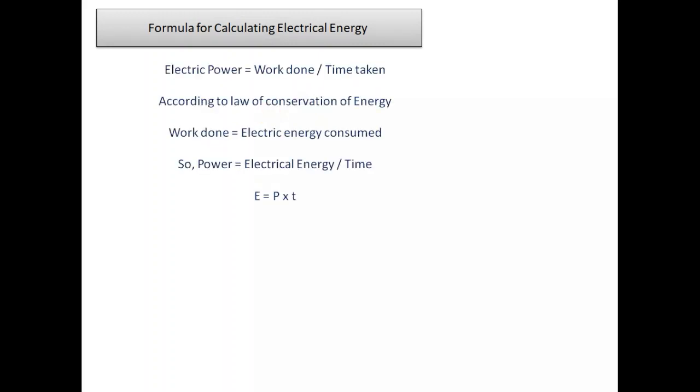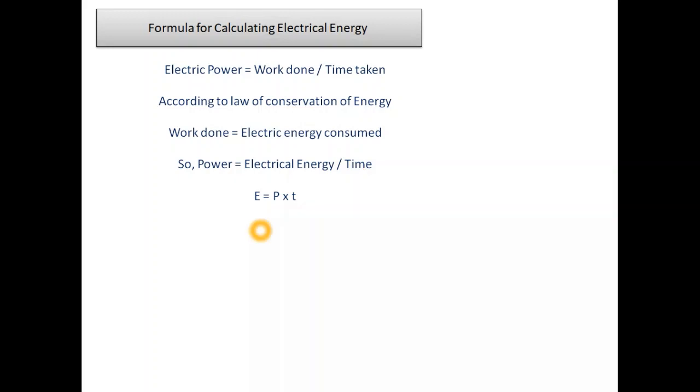As per the law of conservation of energy, work done is equal to the electrical energy consumed, so we can replace work by energy. We can write power is electrical energy divided by time. That means electrical energy is power into time.